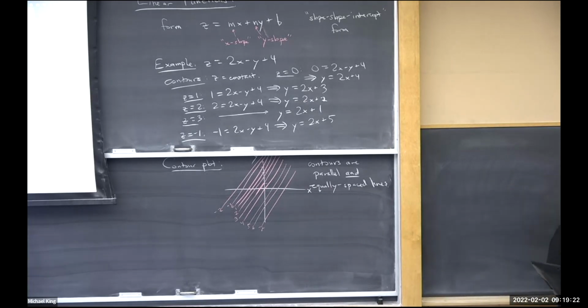Okay. I thought about going backwards, which is if I give you a contour map of a linear function, could we actually find the equation of that linear function? And I picked this out of the book.